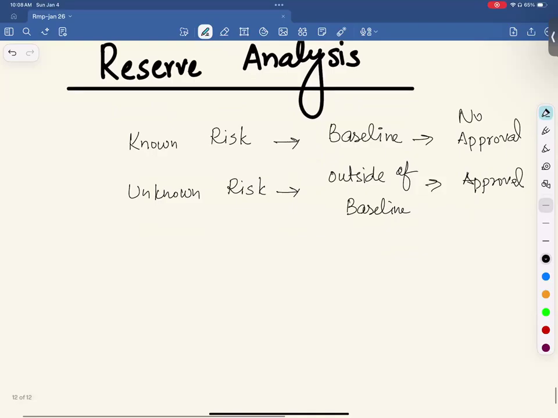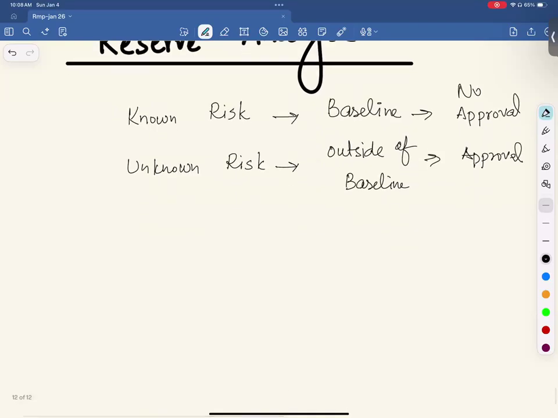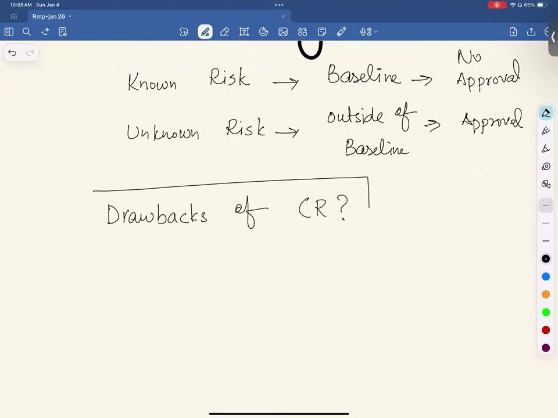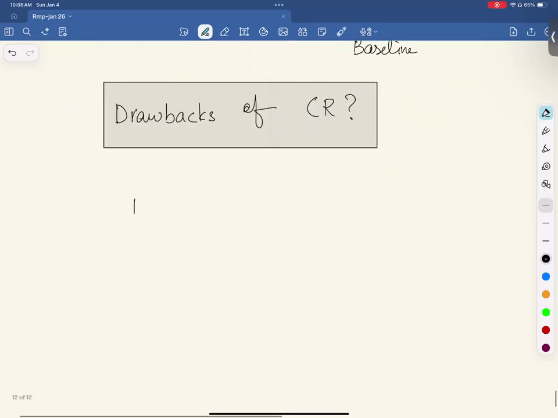So I shared a question in the group, right? The question was, what is one of the drawbacks of contingency reserve? The drawback of contingency reserve is that you have an estimate, let's say 100,000, and you have a contingency reserve, let's say 30,000.